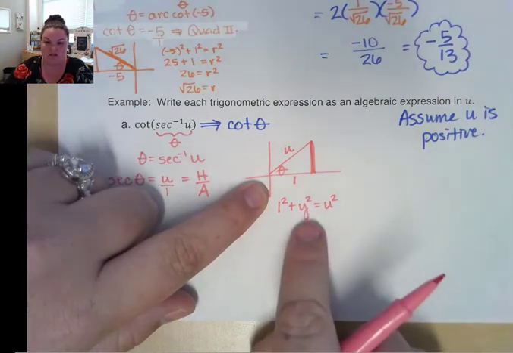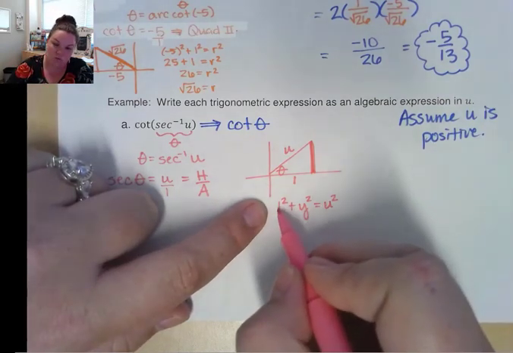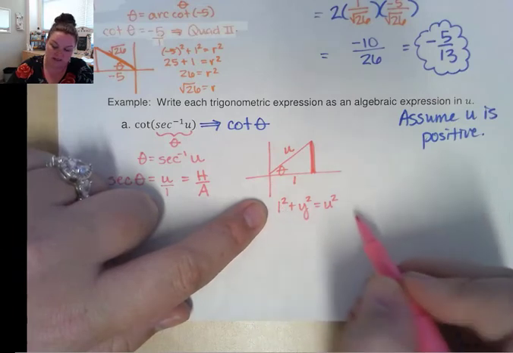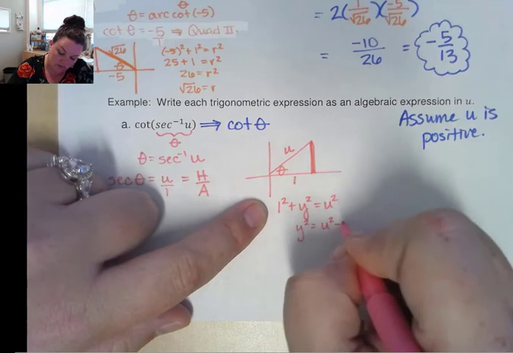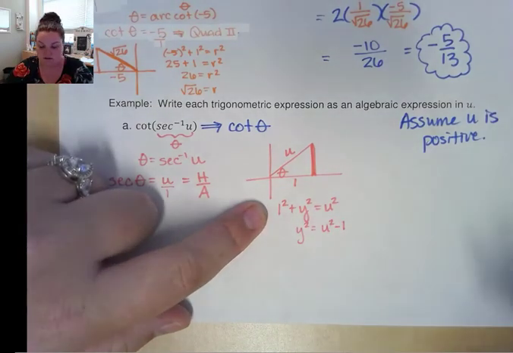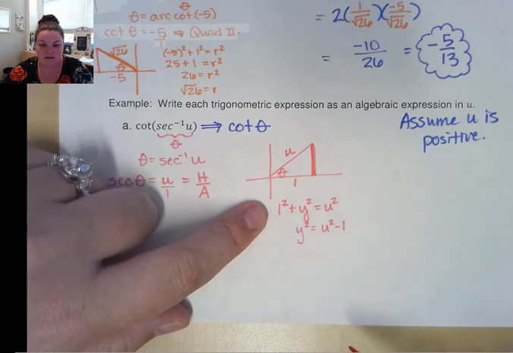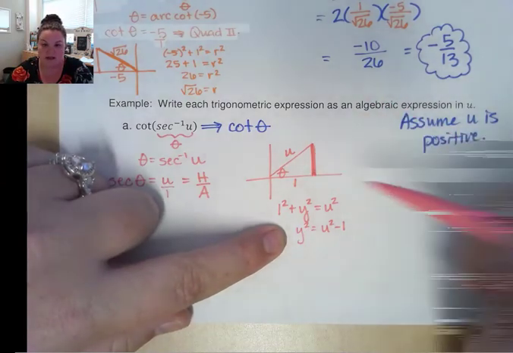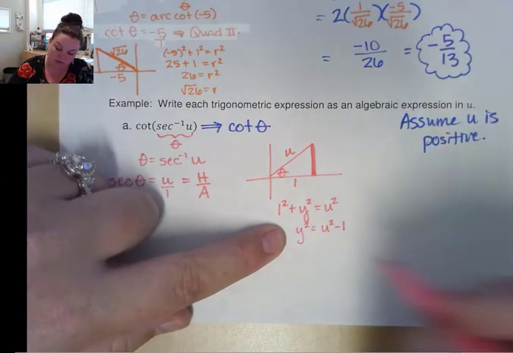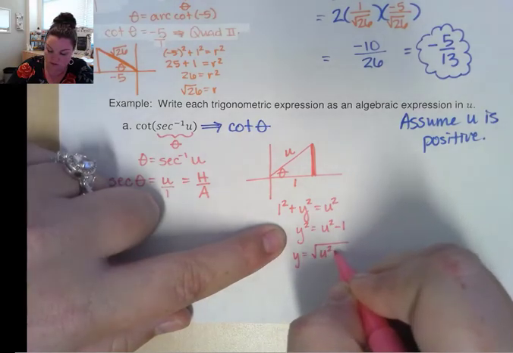We're solving for this y side that we don't know. 1 squared is just 1, and I'm going to subtract it to the other side. So y squared is equal to u squared minus 1. Now to get y by itself, I take the square root of it. So y is equal to the square root of u squared minus 1.